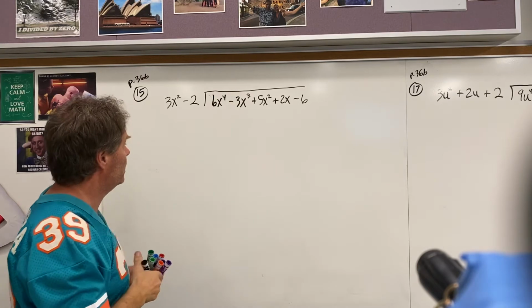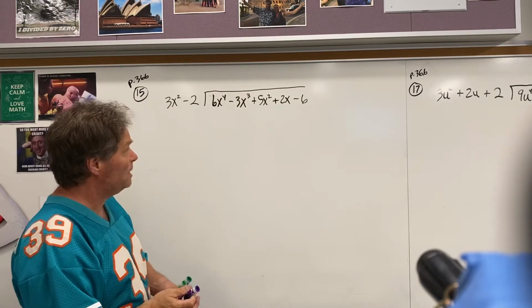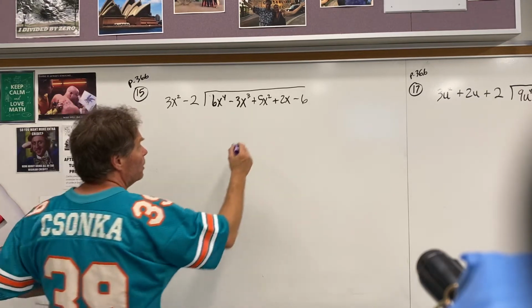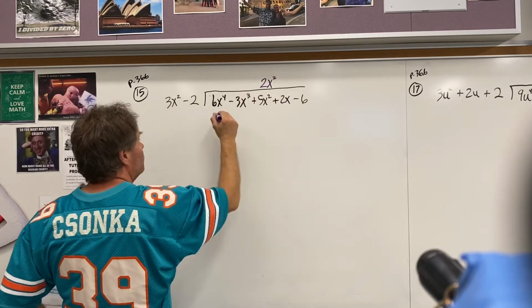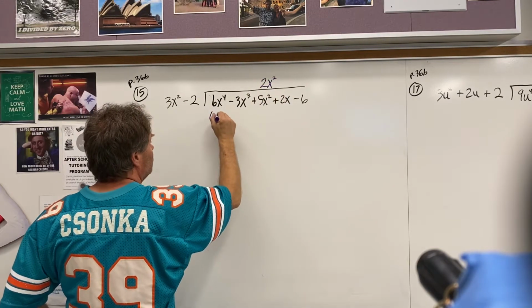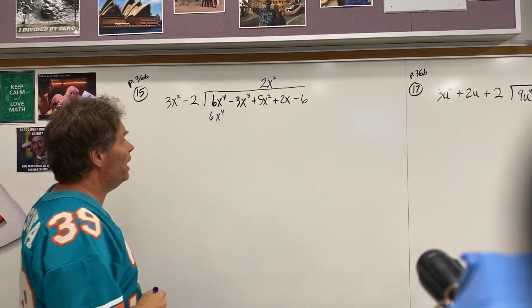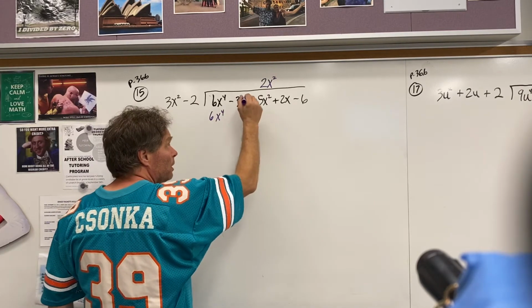Much better. Okay. What does it take to turn 3x squared into 6x to the 4th? It's going to take 2x. Actually, 2x squared. So I put it above this x squared. This times this is going to be 6x to the 4th. This times this is minus 4x squared. Now be careful. I'm not going to put the minus 4x squared under this third power.